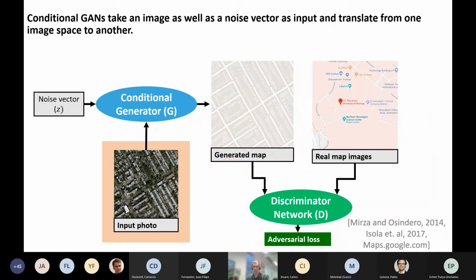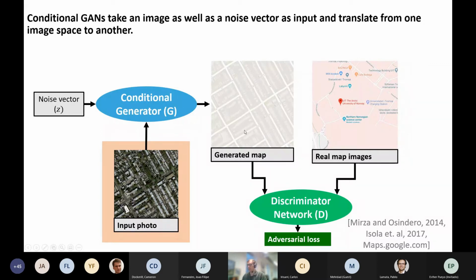Now, conditional GANs can take an image as well as that noise vector. So you can have the network basically conditioned on an image. Instead of just taking the noise vector, you want to generate something that has something from the distribution of this input image.